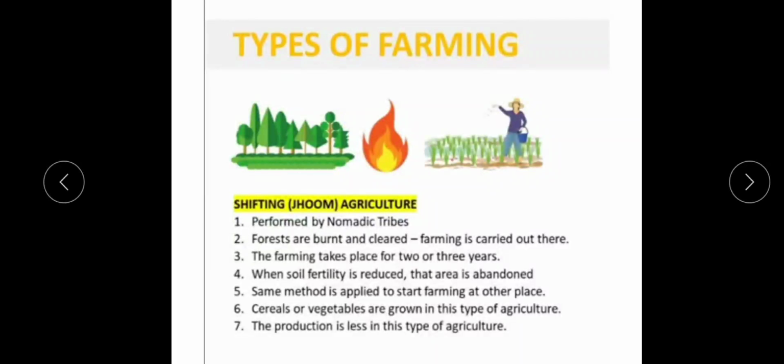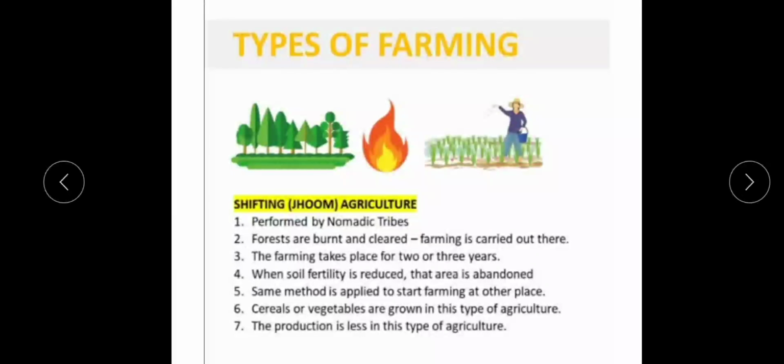Afterwards, in that place, the crops are grown for 2 or 3 years. Once the fertility of the soil reduces, the farmers leave the land and start farming with the same method in some other land.